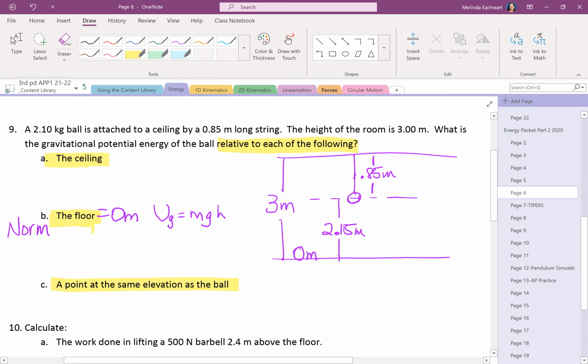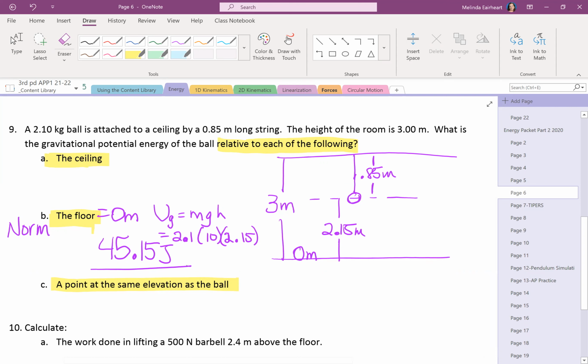And so it would be the mass, 2.1 times 10 times 2.15. And we get what for the potential energy relative to the floor? Say it louder. 45.15. Okay. And should come out in joules. So this is the energy from the floor.